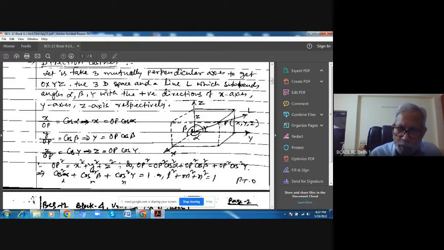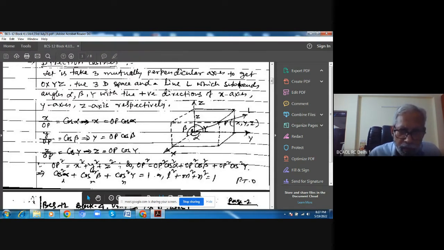is OP in line of L or alpha. So the angles change: alpha, beta, and gamma. And cos squared will remain because it's cosines. So now in this case you see OP square is equal to x square plus y square plus z square, as we know.